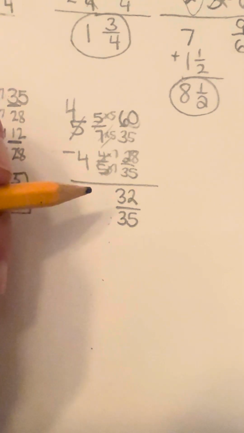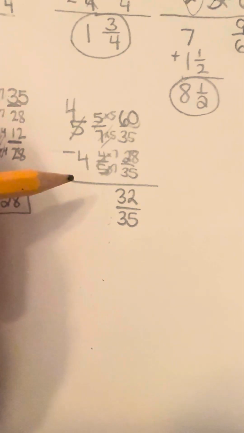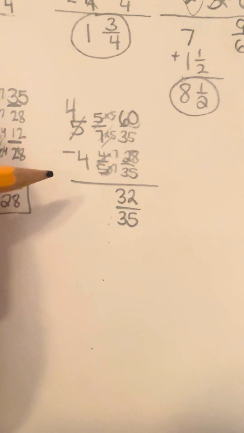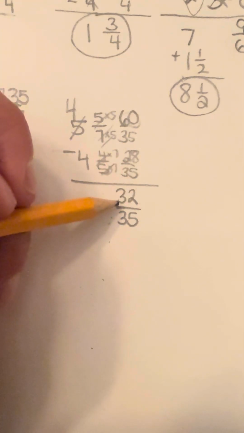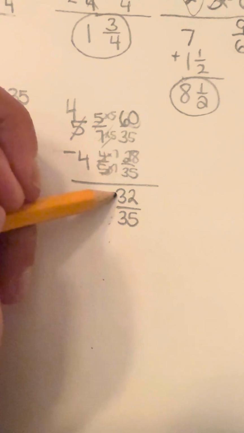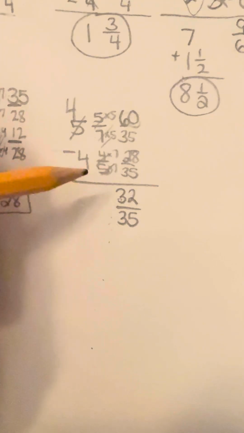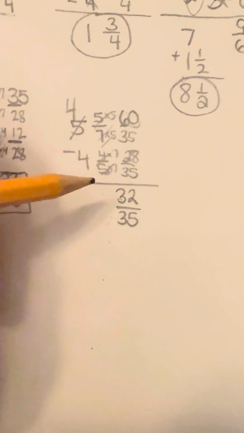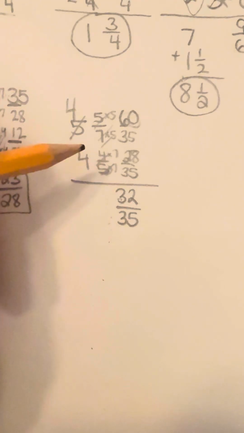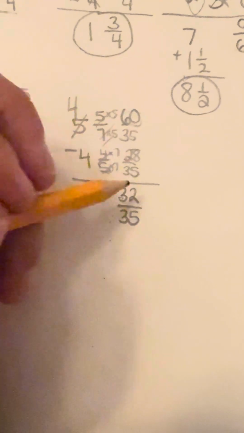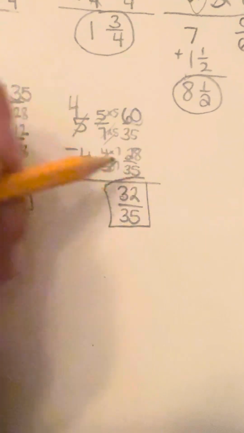Well, that doesn't go in evenly. I do have 4 goes into this, but it doesn't go into that. 5 can go into this, but it can't go into that. I can't go with 6 because that doesn't go in. 7 doesn't go in, 8 doesn't go in, 9 is not going to go in, so we're really kind of stuck here. These really don't work out. This is my finalized answer.